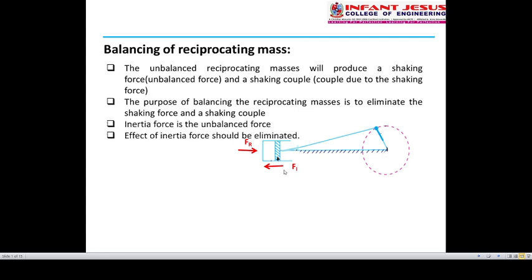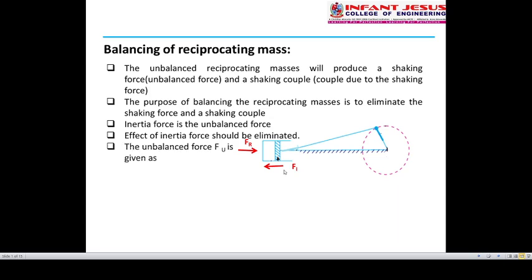Here, the inertia force is the unbalanced force, taking place in the direction opposite to the direction of the force of motion. So this effect of inertia force should be eliminated.